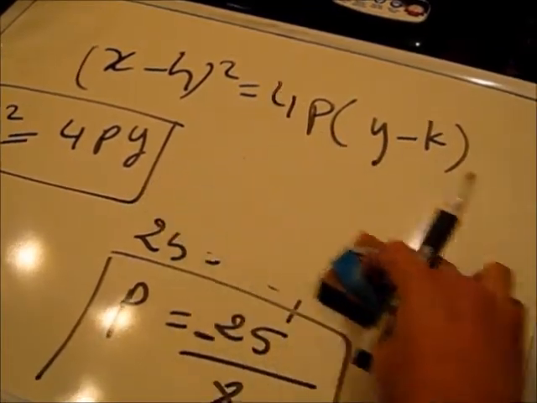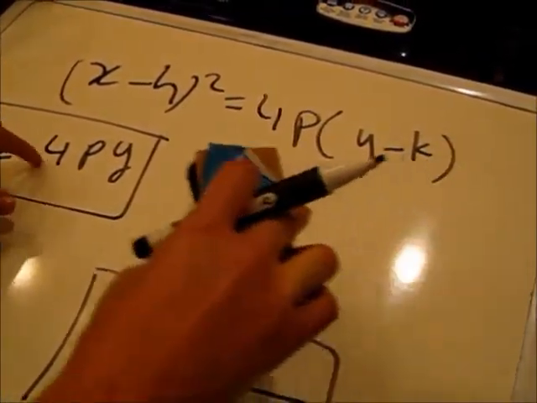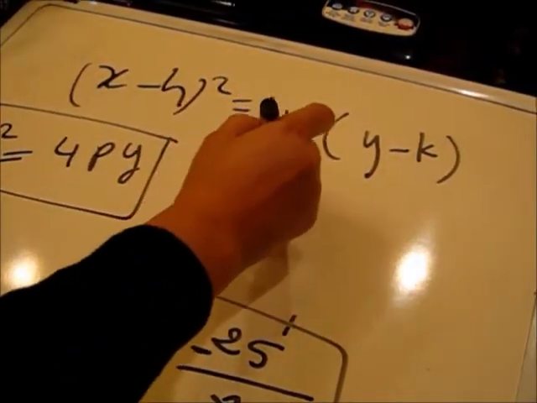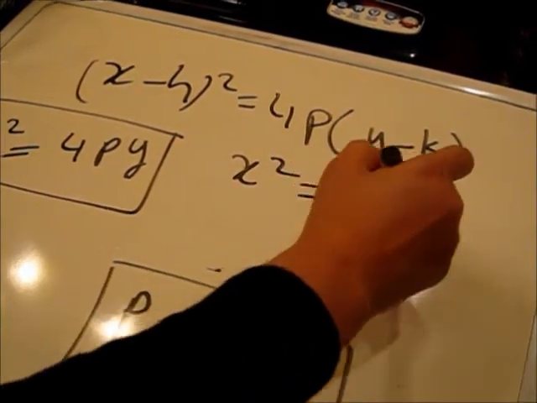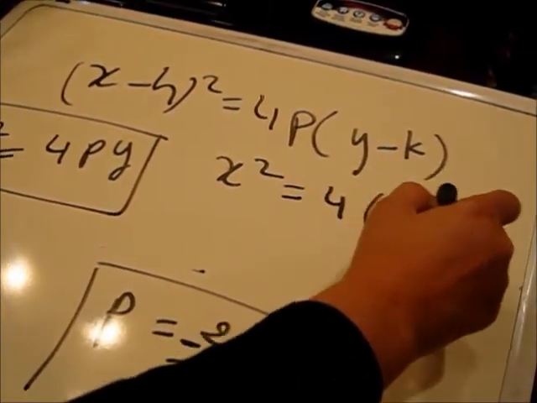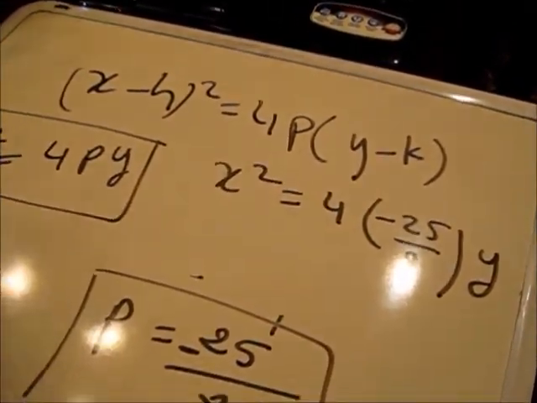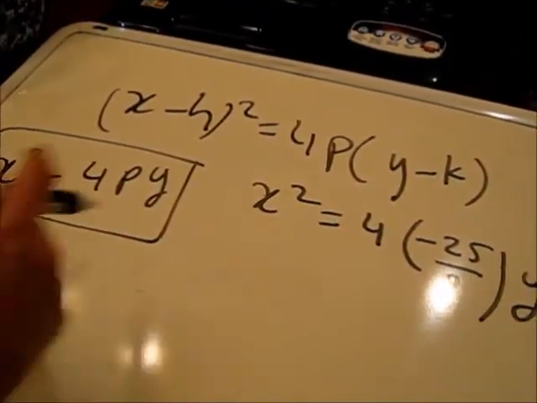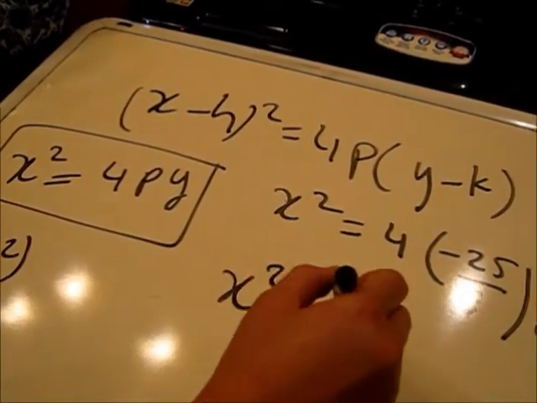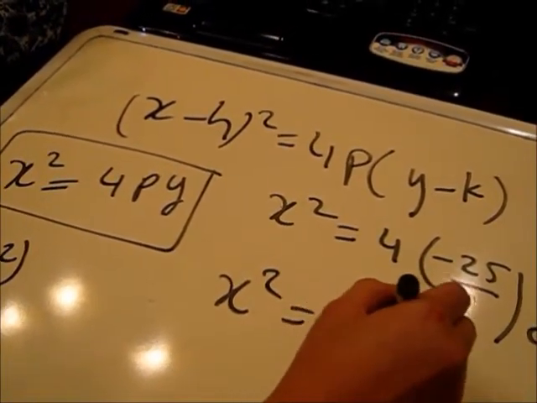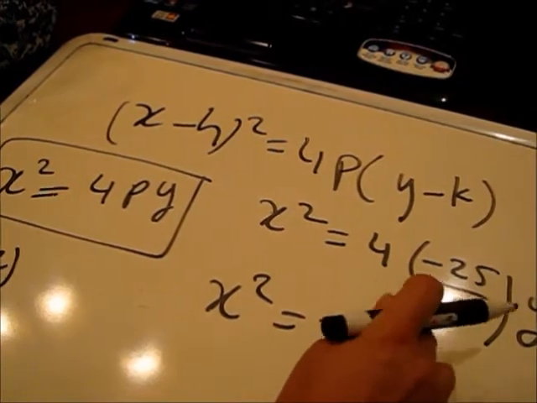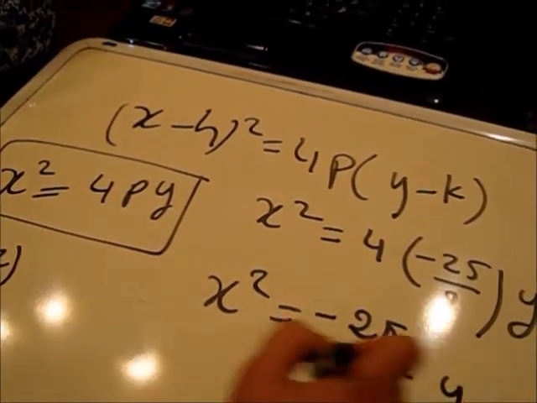Now we're going to just plug the p value into our equation. x squared equals 4 times (-25 over 8) y. And this is going to simplify to x squared equals -25 over 2 y.